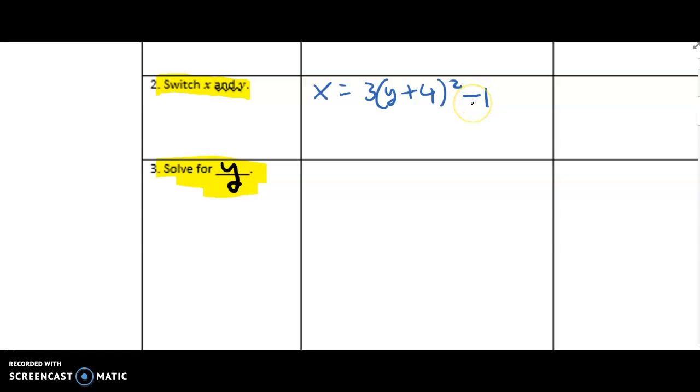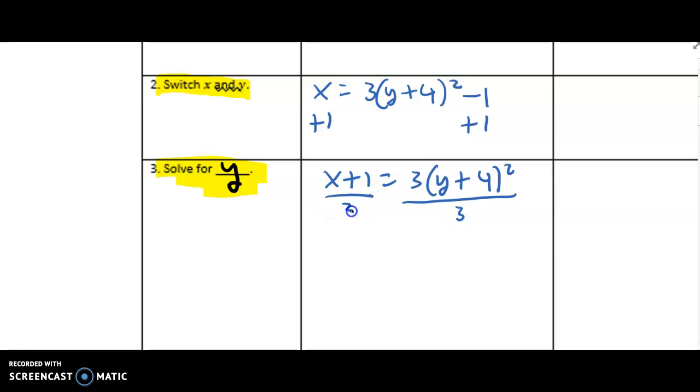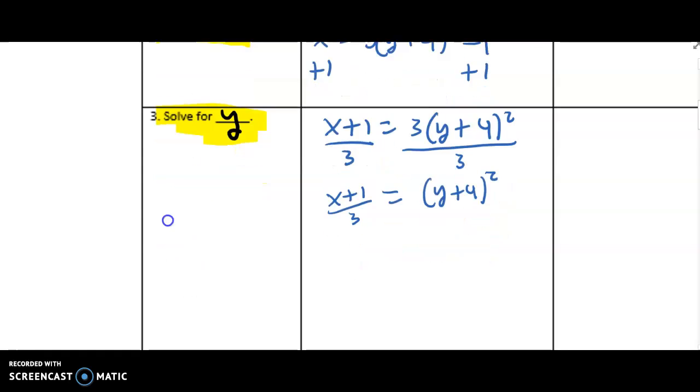So first thing I want to do is add this 1 to both sides. So x plus 1. We're going to divide out our 3. The opposite of a square is a square root.